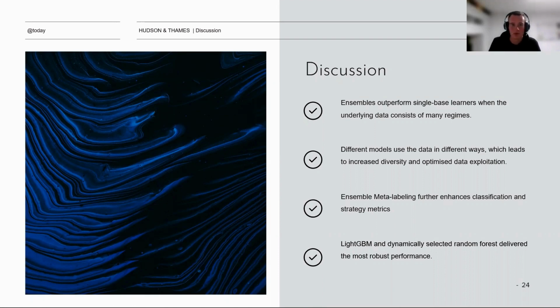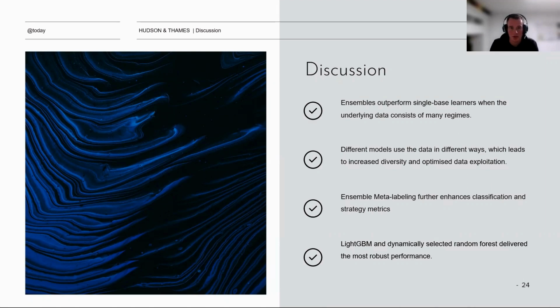And we were able to establish the validity of the trade-off between recall and precision that Jack observed already, as well as the fact that using ensembles in meta-labeling further enhances both classification and strategy metrics. And amongst our tested ensembles, the light gradient boosting machine and the dynamically selected random forest delivered the most robust performance.